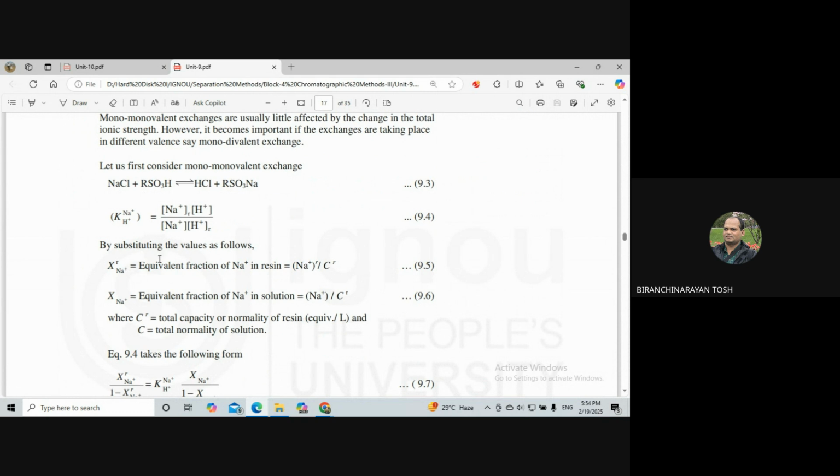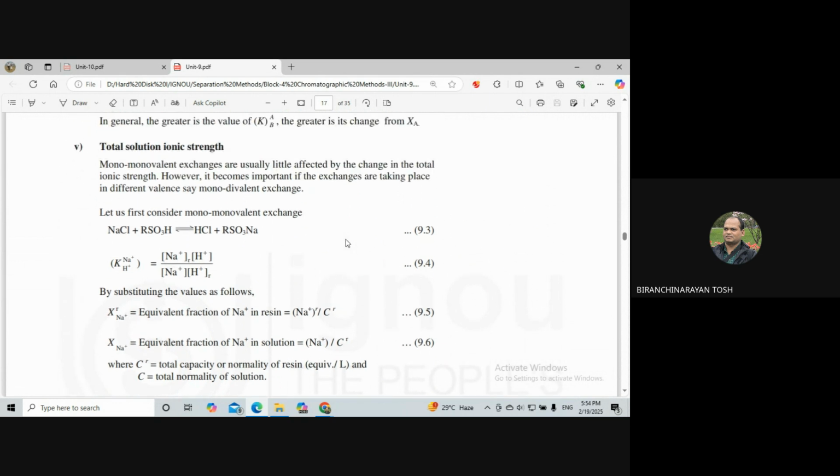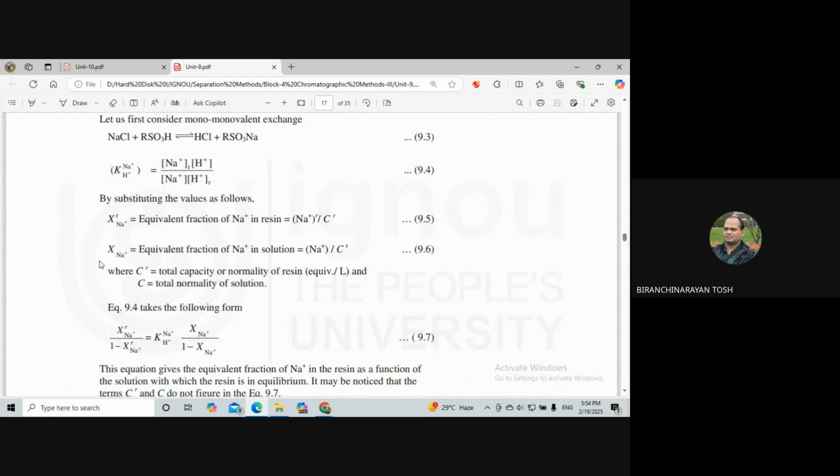By substituting the values as follows: if X is the equivalent fraction of sodium ion in resin, that means Na+ in resin upon C, and XNa is the equivalent concentration of sodium in solution.